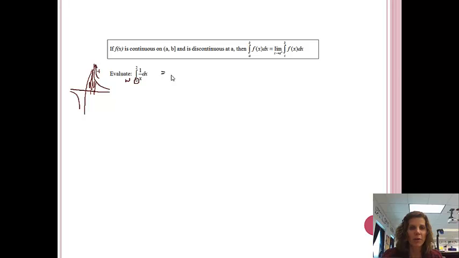So we are going to turn this into the limit as W approaches my discontinuity, which is 0, from the right side, of the integral from W to 2 of 1 over x dx.